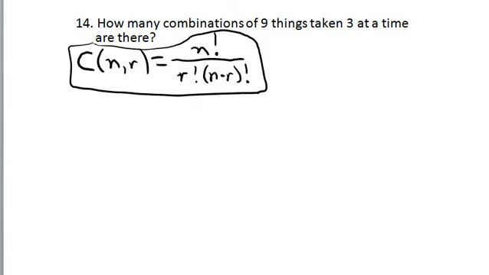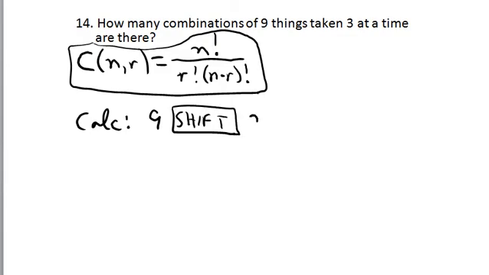So if we want to do it by calculator, no, that's wrong. Shift 2 is the combination, I'm sorry. You would put in 9 and then you would do shift 2, and that's the key combination for a combination.